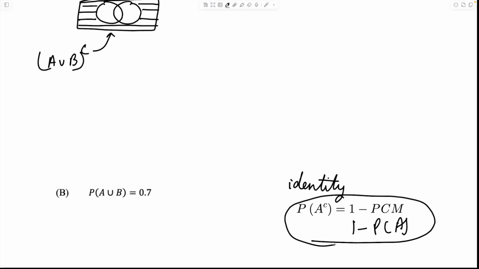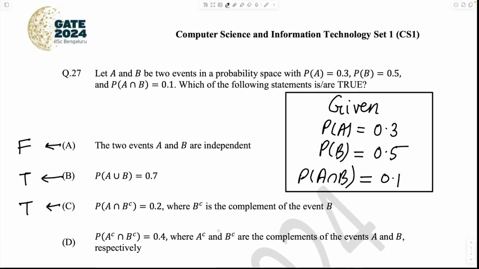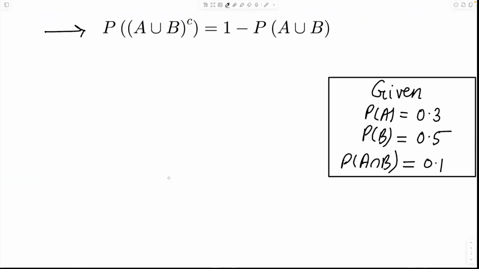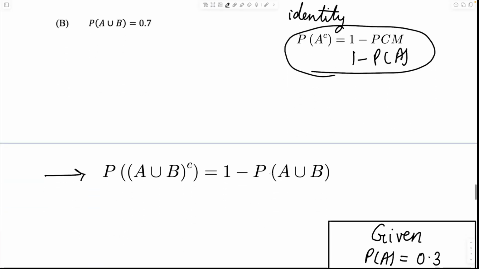From option B, which we have already shown has a truth value of true, we know that P of A union B is equal to 0.7. That's why I pasted that option here also. We have to find its whole complement, so we're going to do 1 minus that.